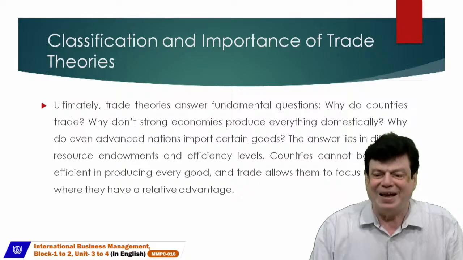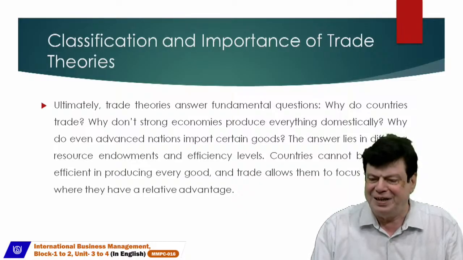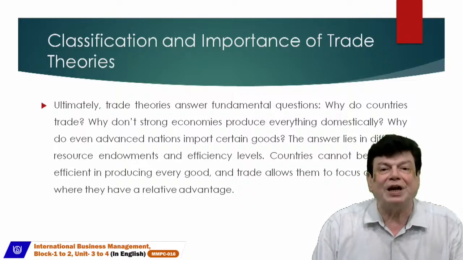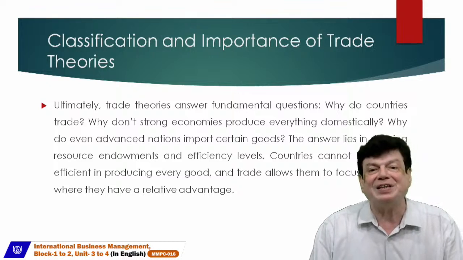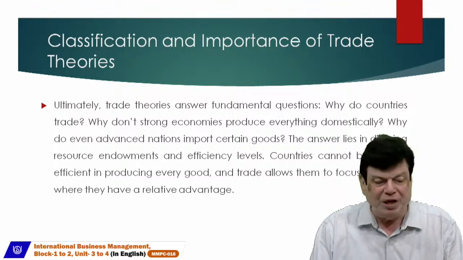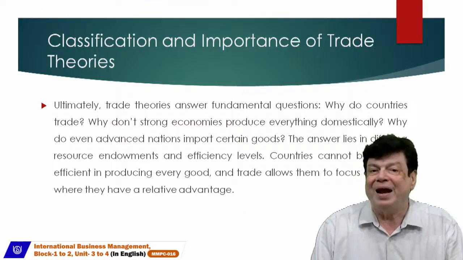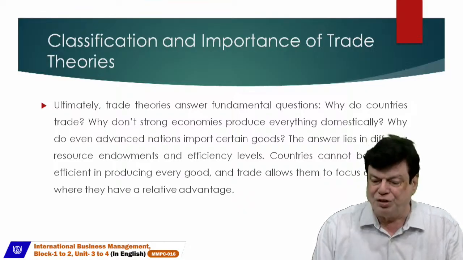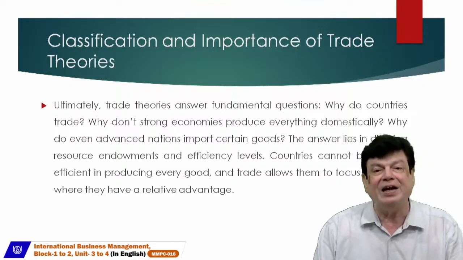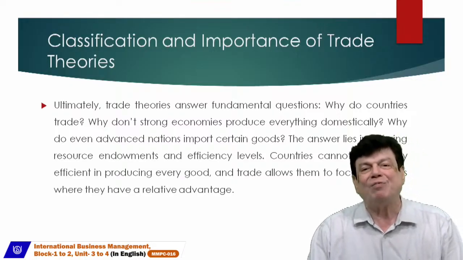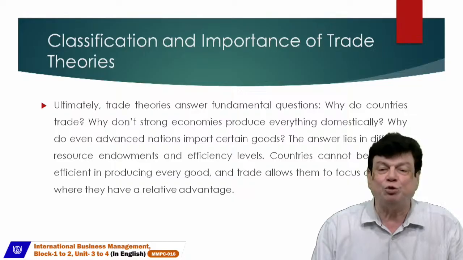The answer lies in differing resource endowments and efficiency levels. Countries cannot be equally efficient in producing every good, and trade allows them to focus on goods where they have a relative advantage. For example, take shoes.